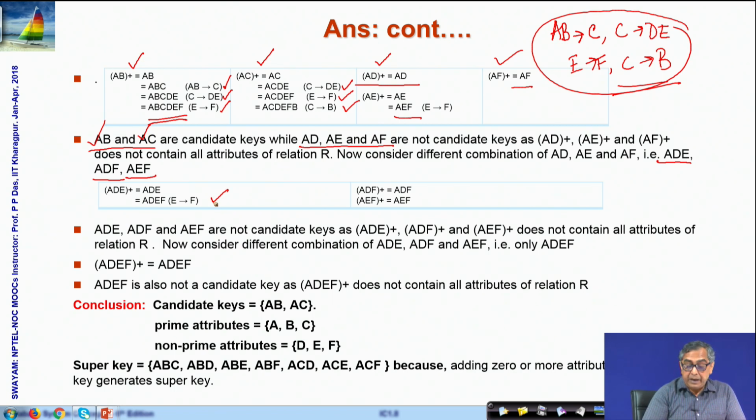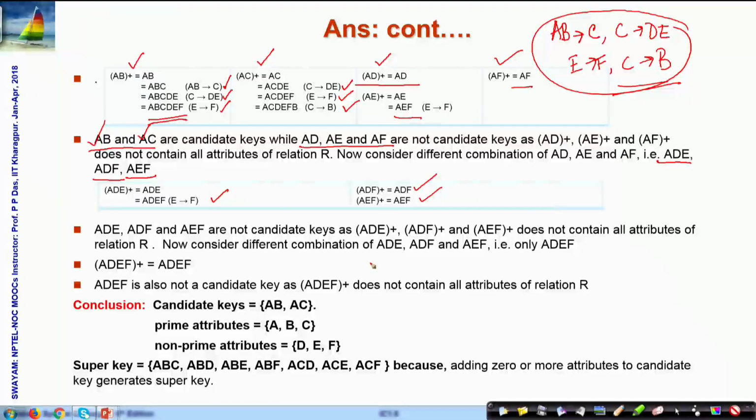Similarly for A D F and A E F, all closures I compute, I find that they are not containing all the attributes, and therefore none of these three triplets can be candidate keys for the relation. Now, we will have to consider combining them to form a group of 4 attributes.